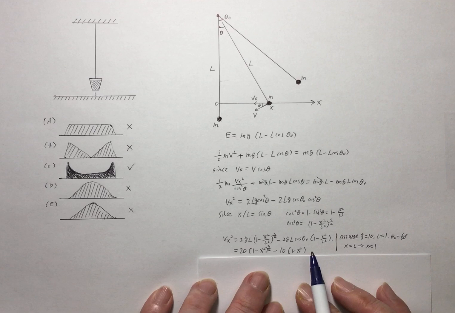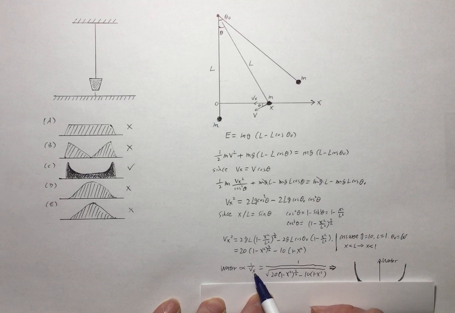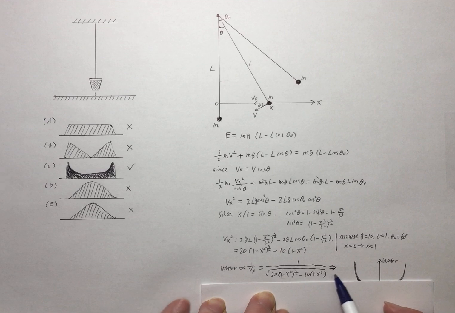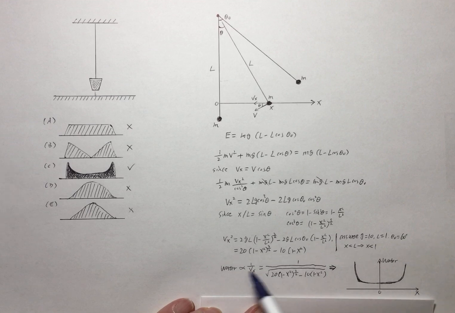And then because we know the amount of water is inversely proportional to Vx, which is this term, it's not difficult to plot the whole thing here, the amount of water versus x. So it will look like that.